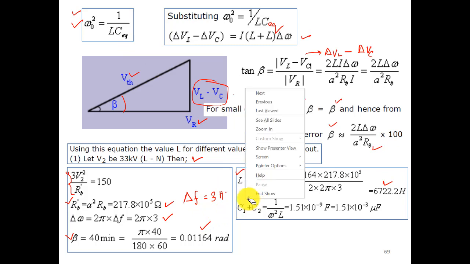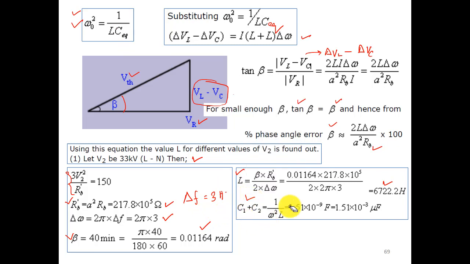C equivalent is found to be 1.51 into 10 to the power minus 3 microfarad for the voltage of 33 kV.